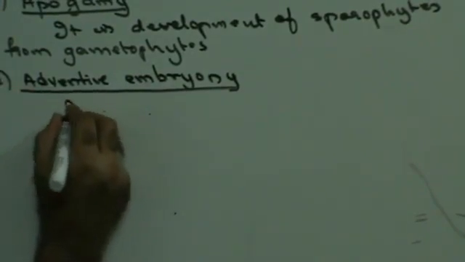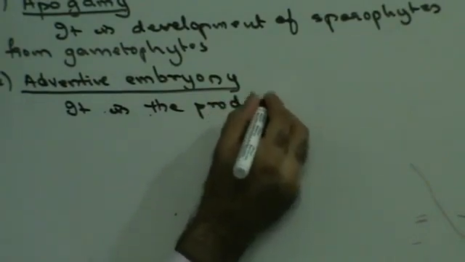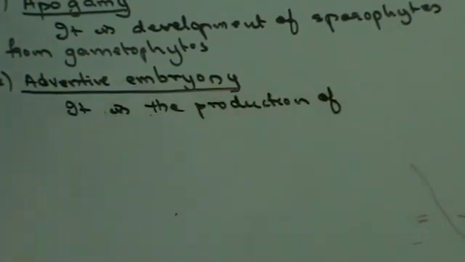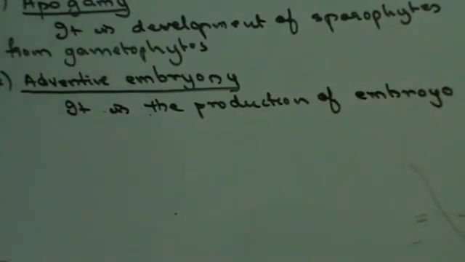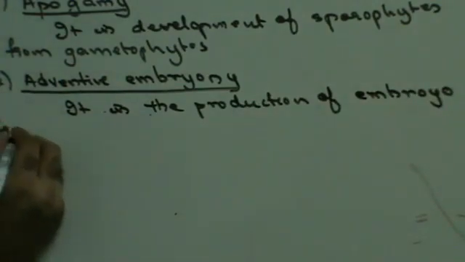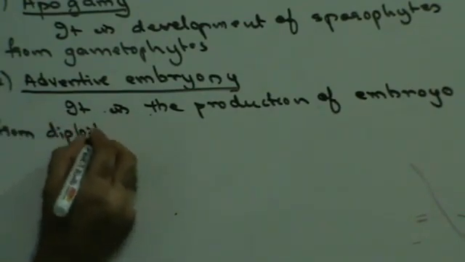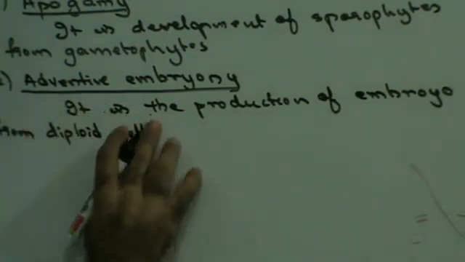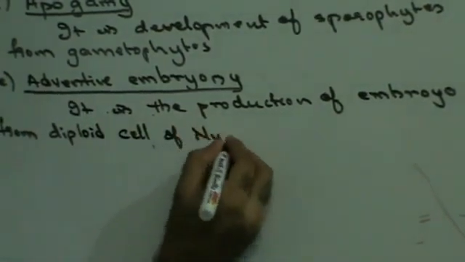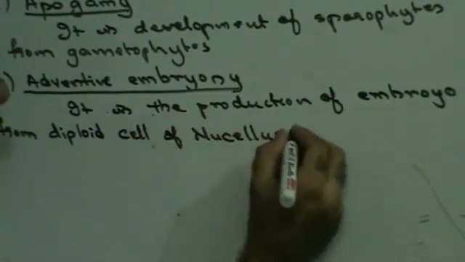It is the production of embryos from diploid cells of the nucellus but never from the egg.